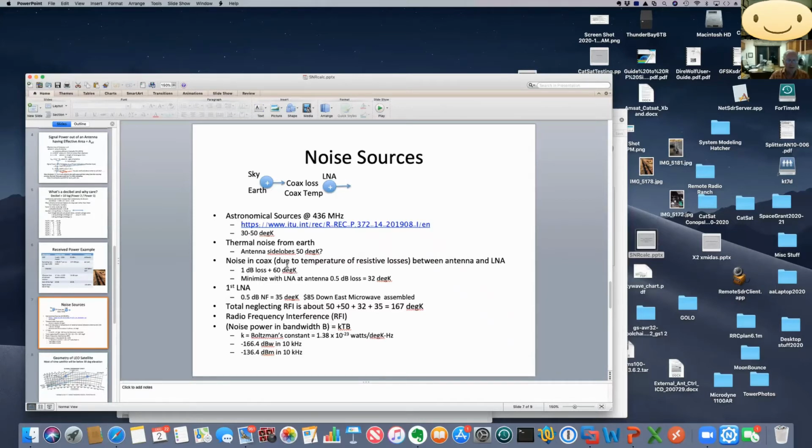So what's the moral of this? The moral is you don't want to have a lossy coax cable between your antenna and your low noise amplifier. One way to avoid that is to take your low noise amplifier and mount it right on the back of the antenna.